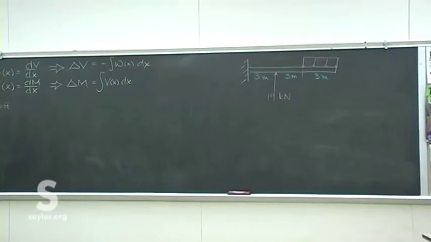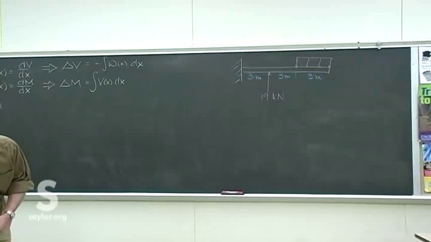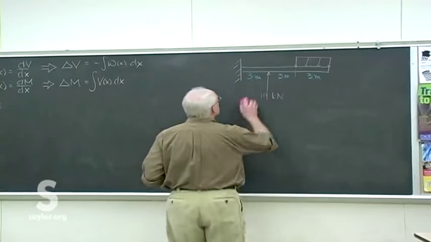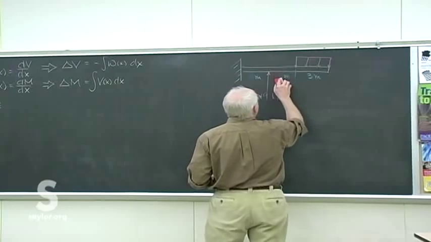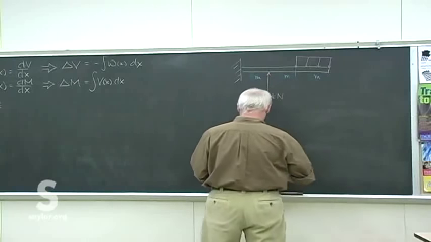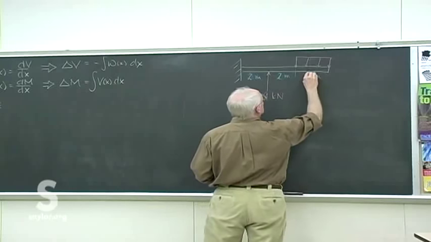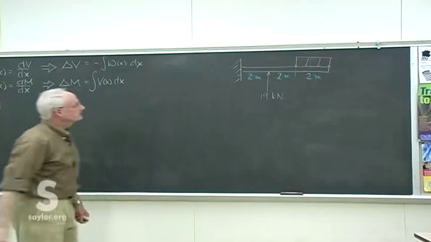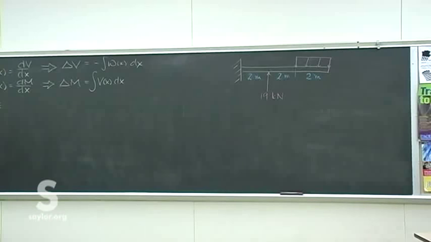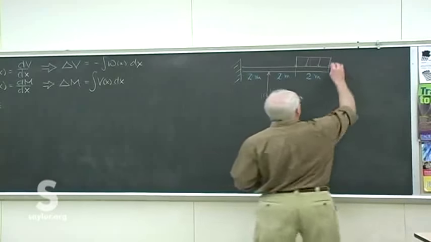So beam split into thirds like that, and, oh sorry, not 3, 2. Not that it really matters, we're making it up anyway, but at least it'll agree with my numbers. And a uniform distributed load, 3 kilonewtons per meter.